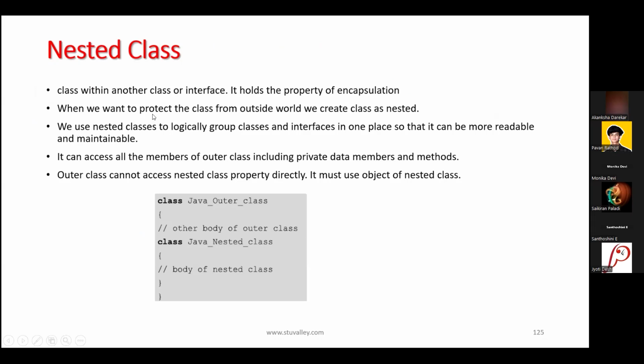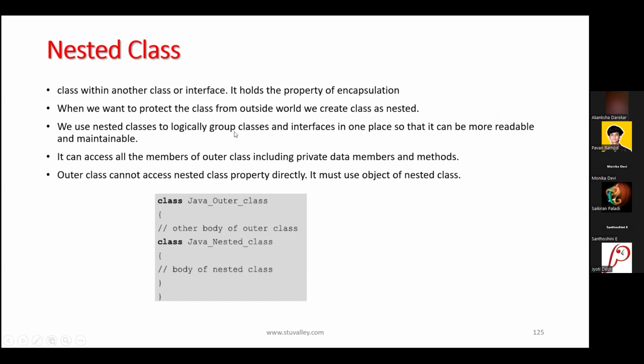Why do we write nested classes? If we want to protect the class from the outside world, we create a class as nested. When we are creating any class in another class or interface, that class is known as a nested class. We create it to protect that class from outside world or outside classes.